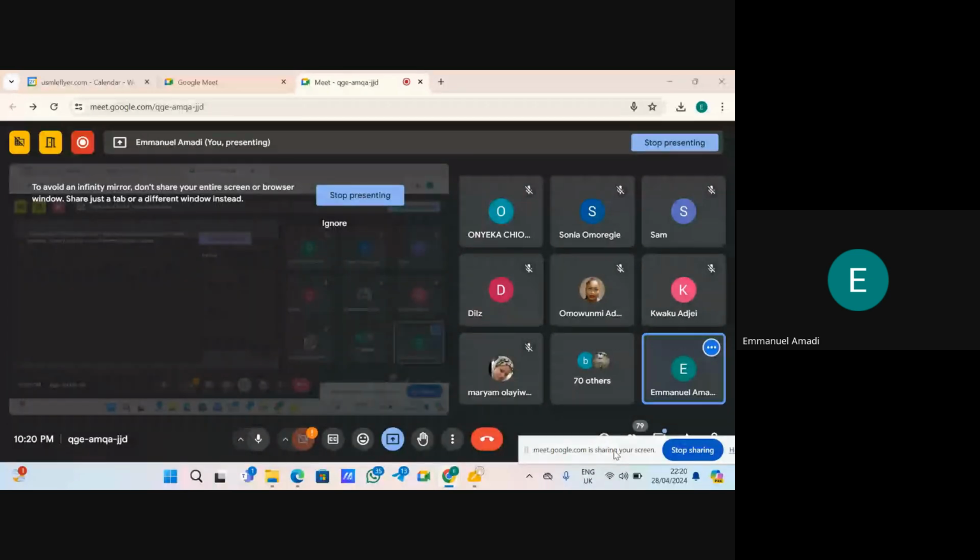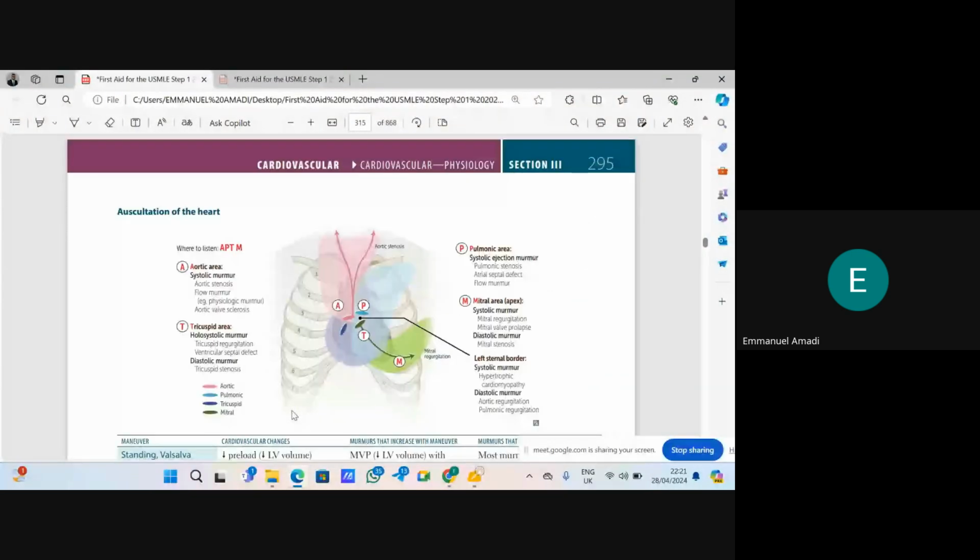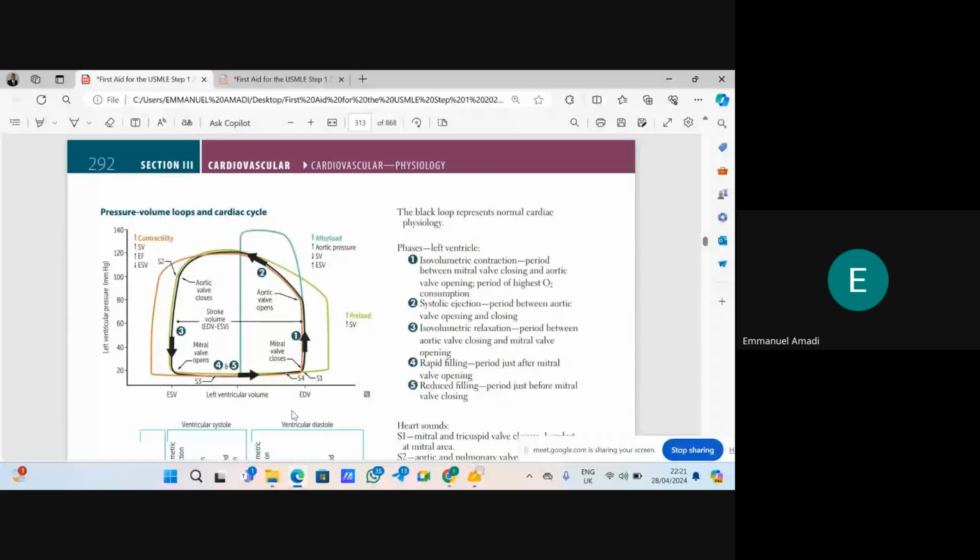All right, so let's move on from where we stopped the last time. Now, this is the pressure volume loop. A lot of people struggle with the pressure volume loop quite a lot.